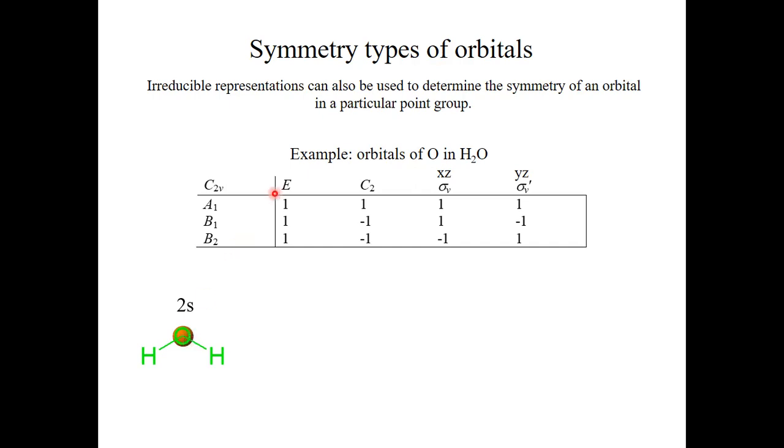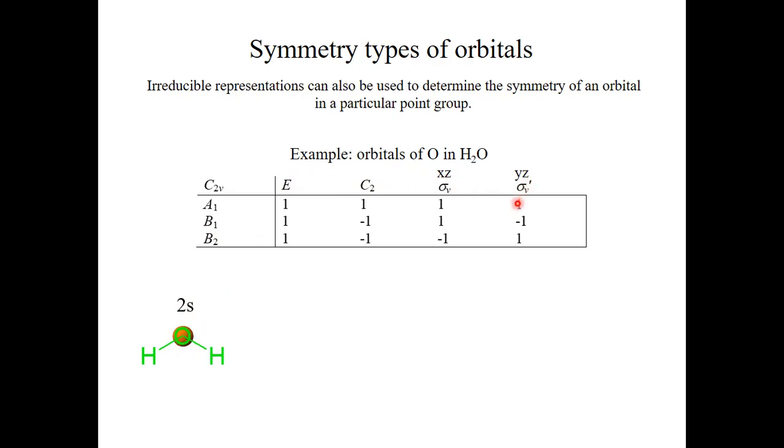So now in this case, whatever symmetry operation we apply, our 2s orbital will remain unchanged. So for that reason, for each symmetry operation, the character would be +1.